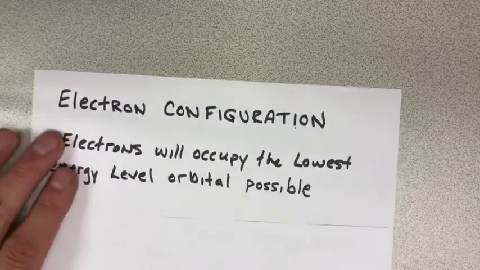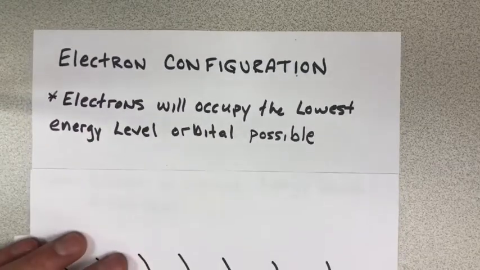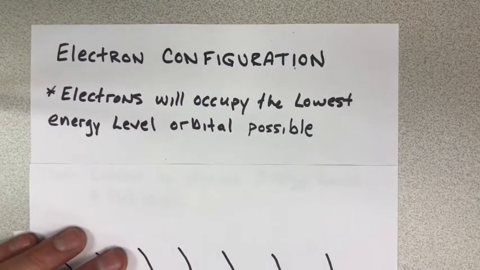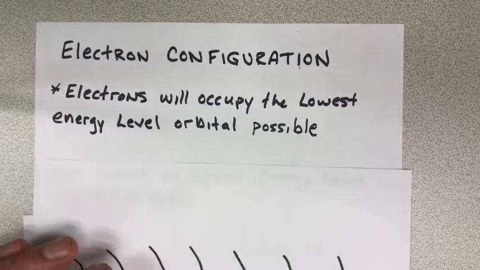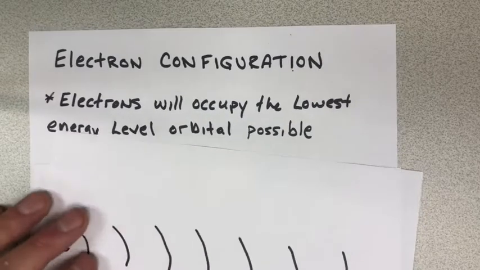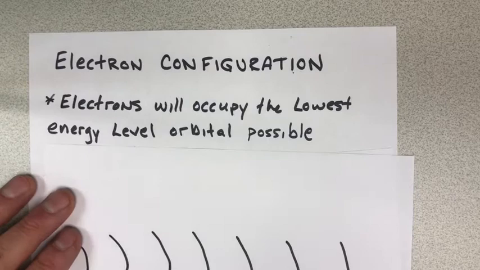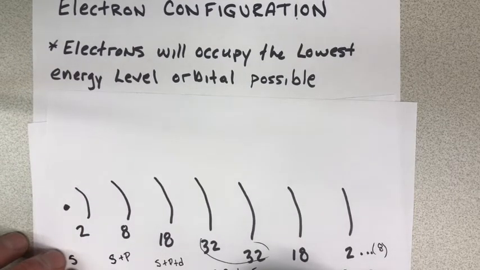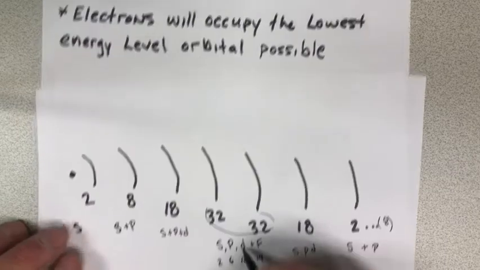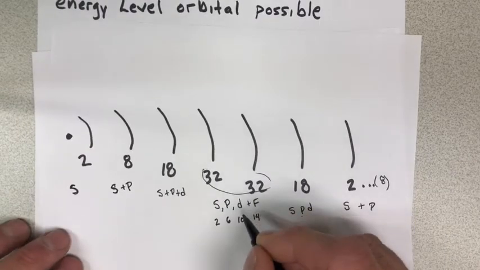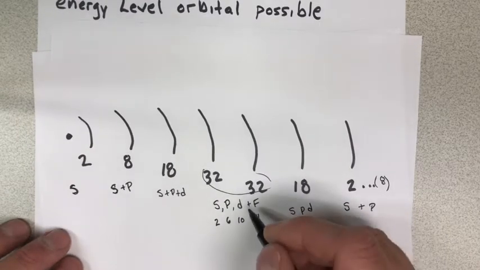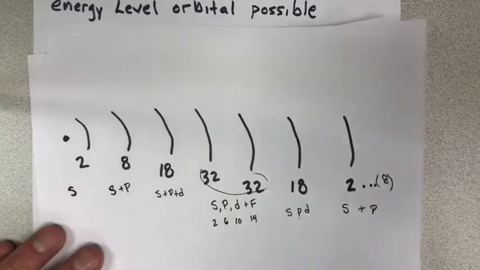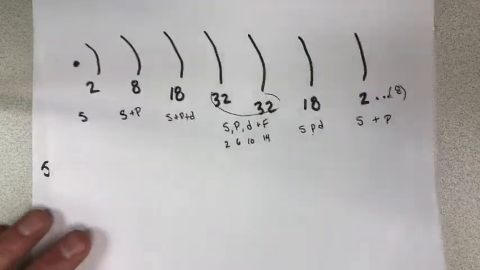And the rule is that the electrons will occupy the lowest energy level orbital possible. And so there's some funny things that happen here. And it turns out that in particular, an S orbital is lower in energy than a D orbital. Okay, S is lower in energy than D. And so that's where the funny thing comes in, and that's what we're gonna try to understand here.